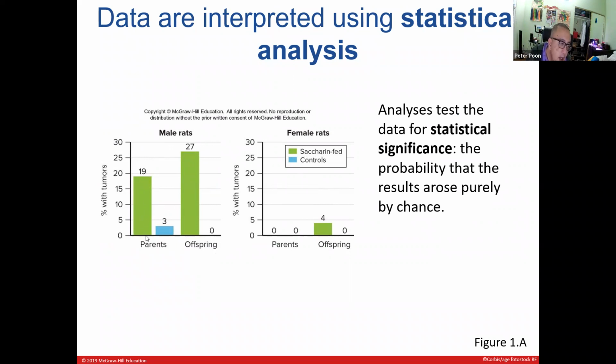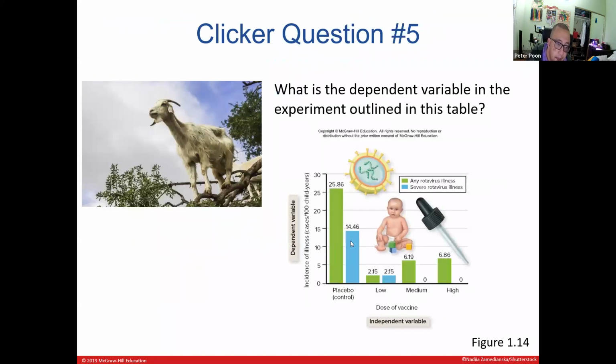For the second fed, the parents, 19 of them that are fed saccharin get tumors, and 3% of the parents, and the offspring, 27% have tumors, as well as 0 in the offspring. So let's see if we can answer this. The dependent variable versus the independent variable. The dependent variable is the one you measure, so this is a dependent variable.